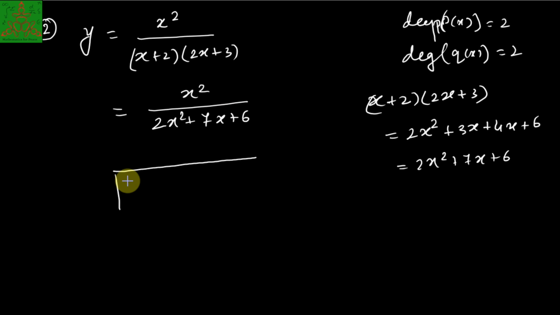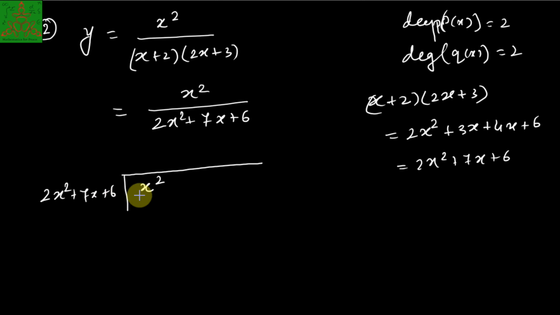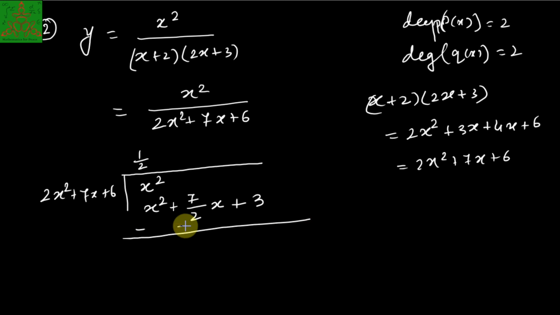We write x square here and 2x square plus 7x plus 6 on this side. Since this is x square, I should multiply by 1 by 2 here. So it gives me x square plus 7 by 2 x plus 3, and then I subtract this. This will get cancelled out, so we will have minus 7 by 2 x minus 3.